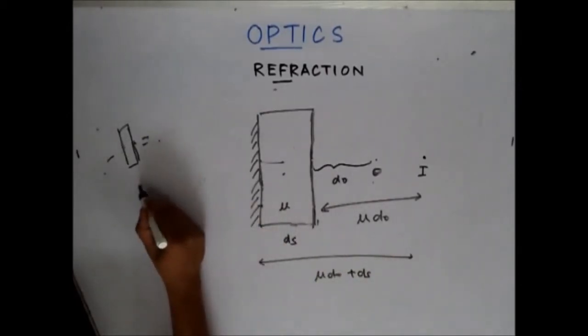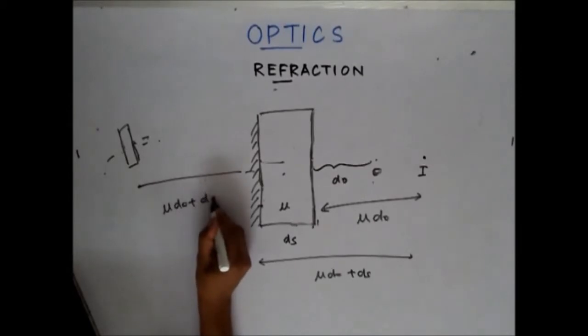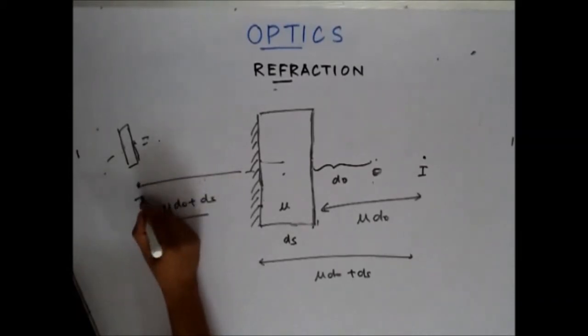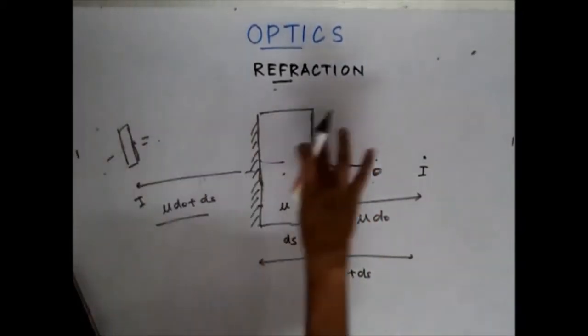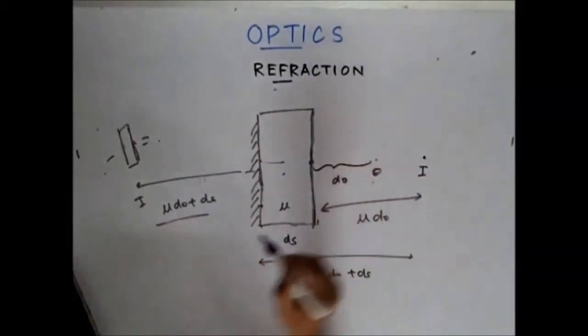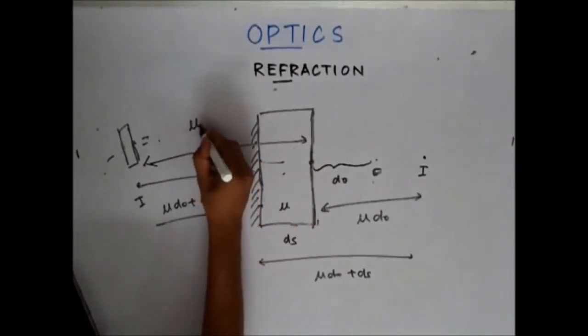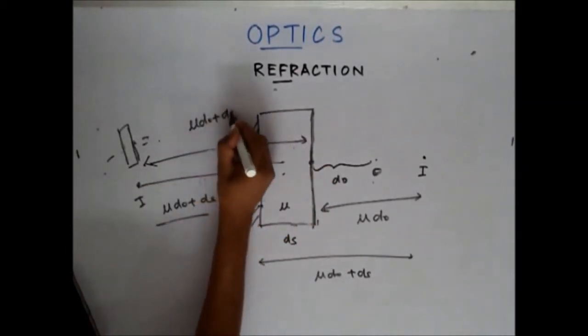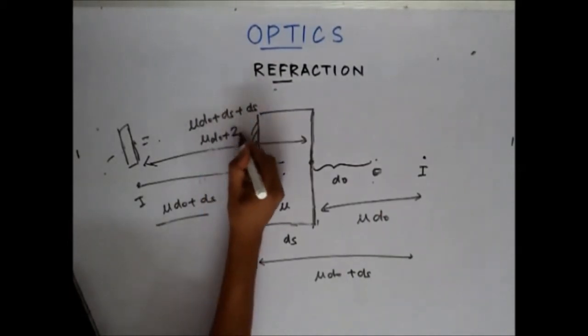So the image formed by the mirror will be at a distance of mu d0 plus ds. Now this image appears as the object for this surface. So for this surface, the object distance is mu d0 plus ds plus ds, or mu d0 plus 2ds.